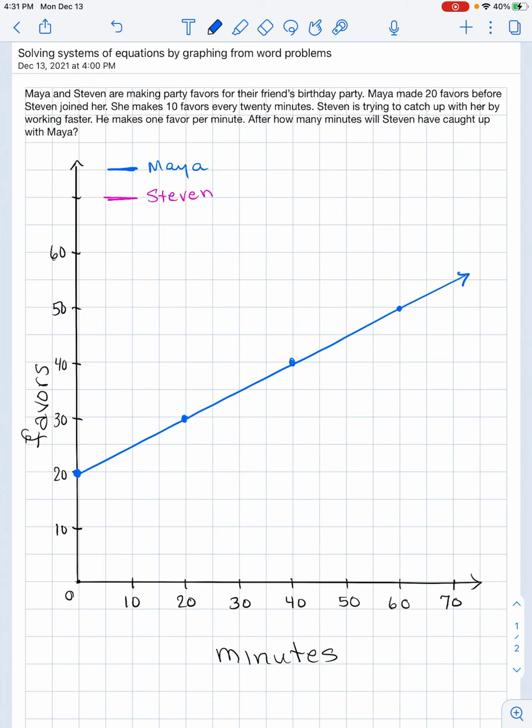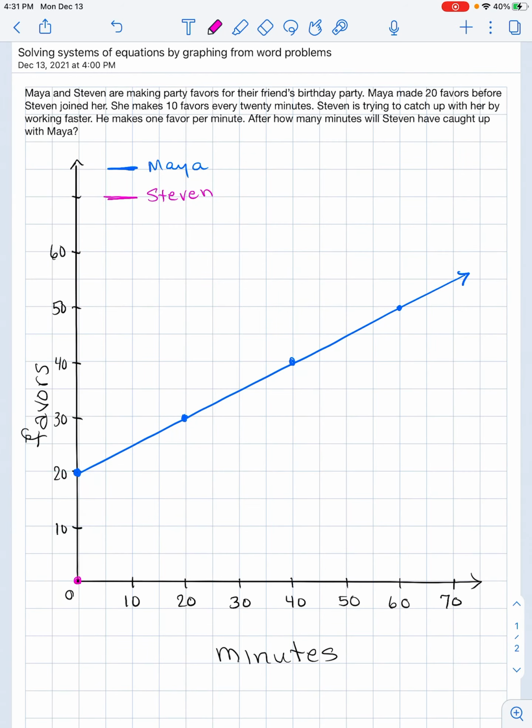Okay, now we're going to graph Steven's contribution to this party favor making session. He's starting down here. He's starting at 0, 0 because this is when he comes in. And he makes 1 favor per minute because he's trying to catch up.